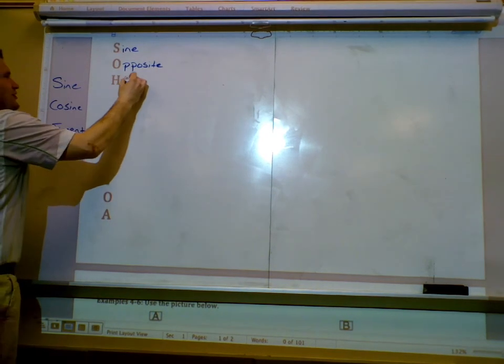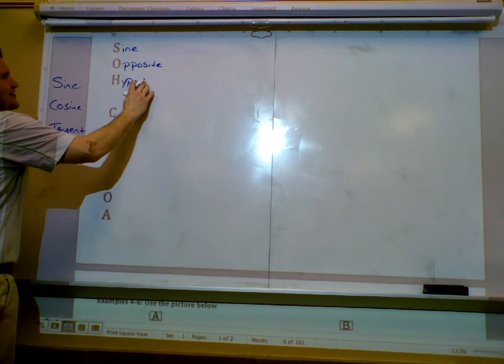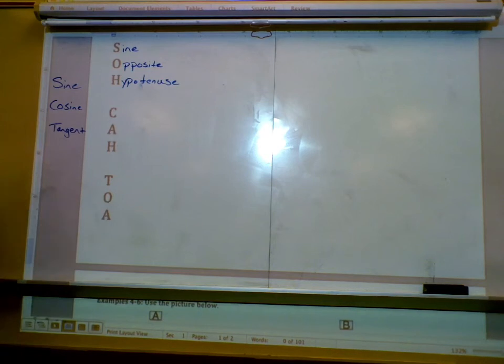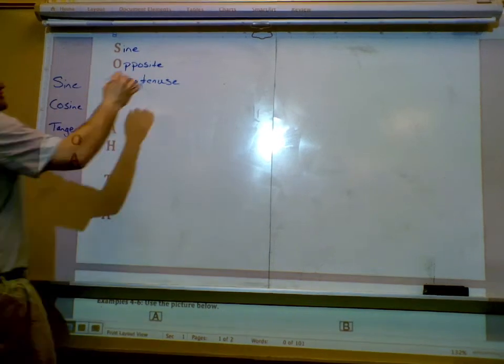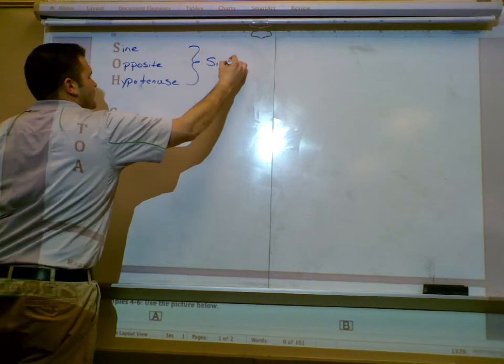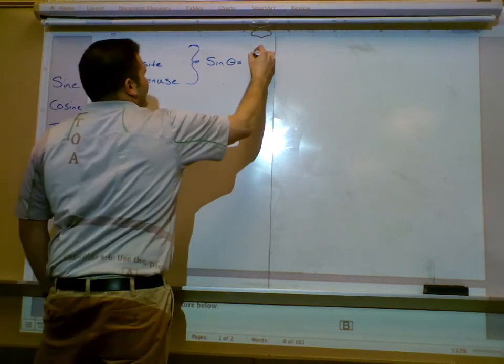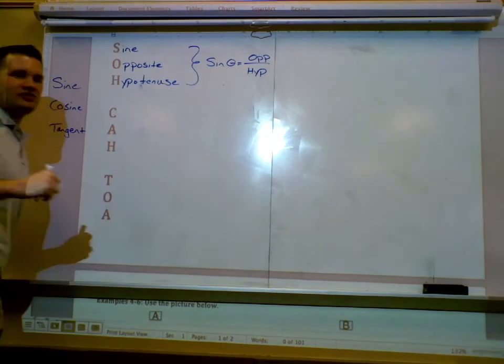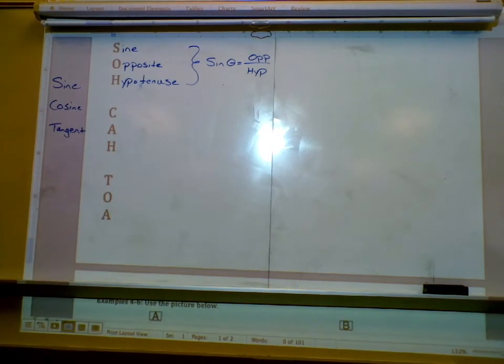So sine is S, O is opposite, H is hypotenuse. What SOH means is sine of theta equals opposite over hypotenuse.